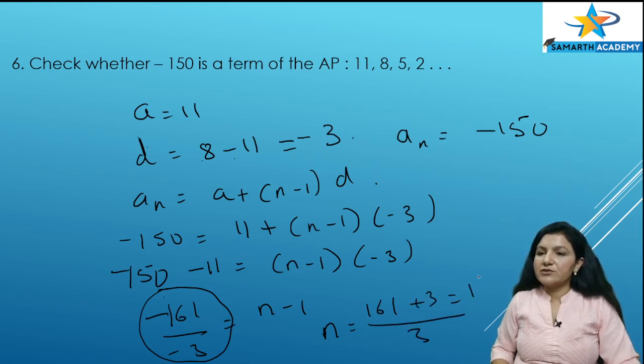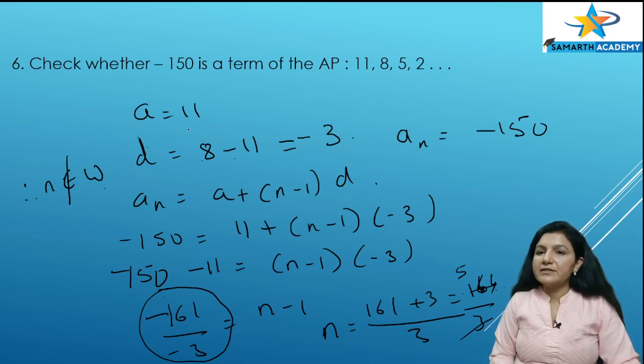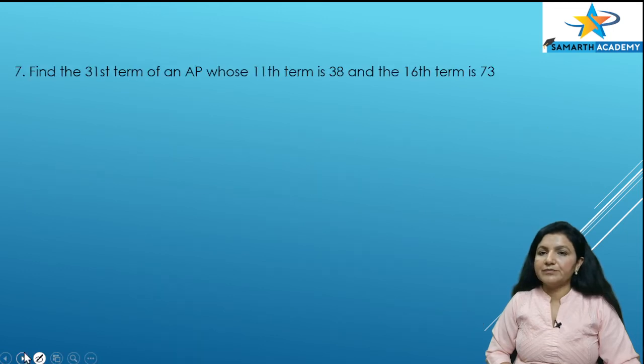So that is 164 by 3, which is not a whole number. 3 ones are 3, 3 fives are 15, 1 remains, 14 doesn't go. What you can write? Therefore, n does not belong to W, or n is not a whole number. Hence, minus 150 is not a term of the given AP.